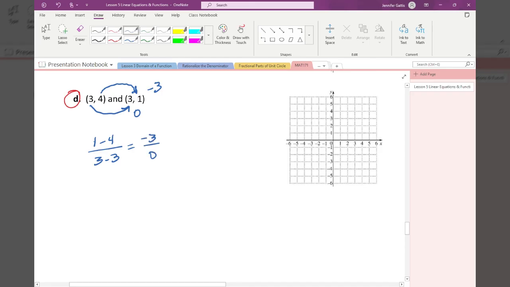And what's the answer when we divide by 0? So hopefully you remembered. This is called undefined slope. And again, let's take a look at what this kind of a line would look like. So if you recall, a horizontal line had 0 slope. A vertical line has undefined slope.